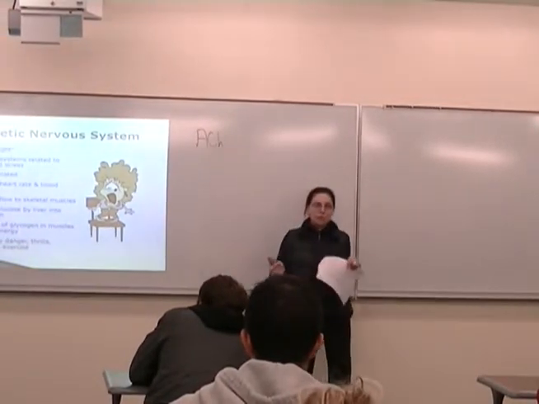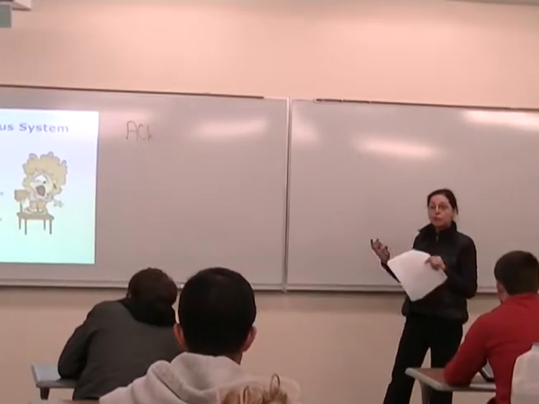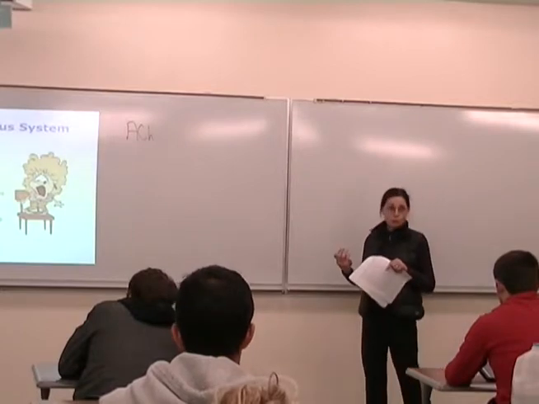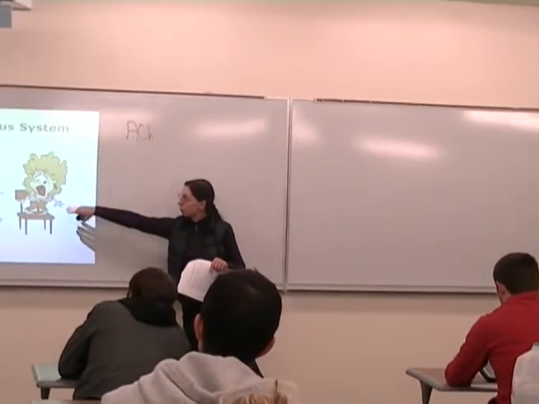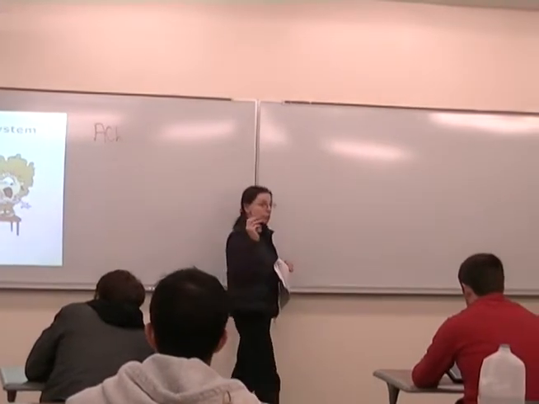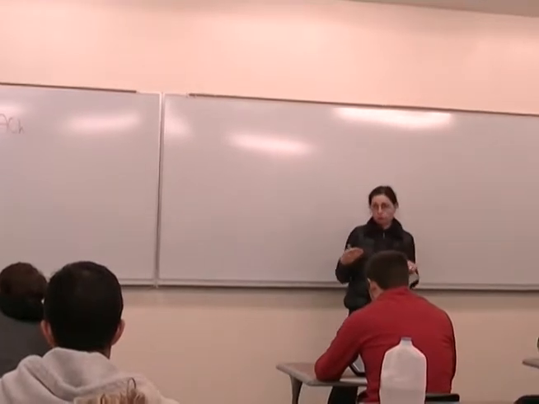So I increase my heart rate, I increase my blood pressure, I've got to get carbohydrate and oxygen to the muscles more quickly. Right? I increase blood flow to the skeletal muscles, which means I decrease blood flow to other parts of my body.